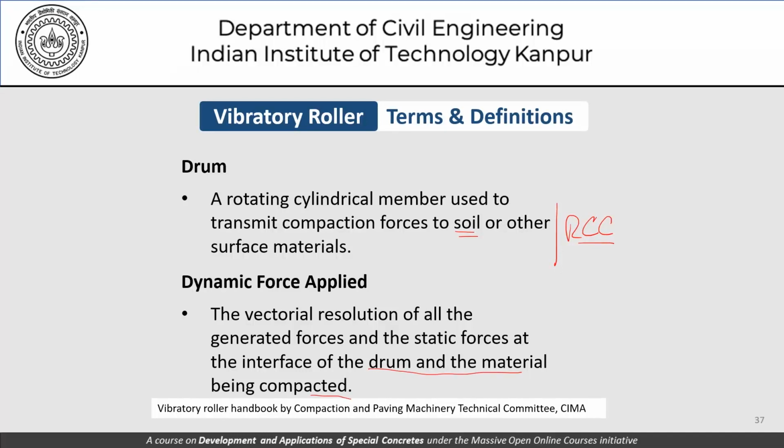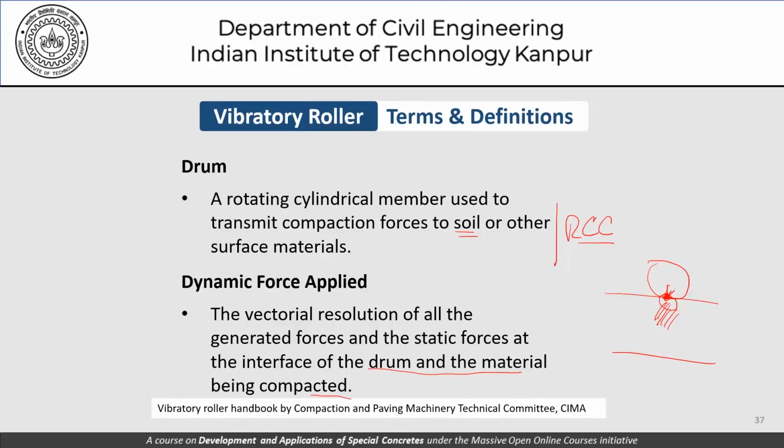So basically, if we have a material here, it is under compaction through some kind of a force which is acting at the point of contact. Now, whether this force is acting vertically downwards or not, the dynamic force applied is the vectorial resolution of all generated forces and the static forces at the interface of the drum and the material being compacted.